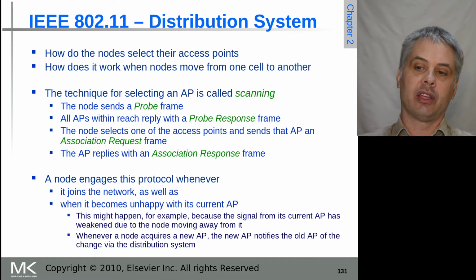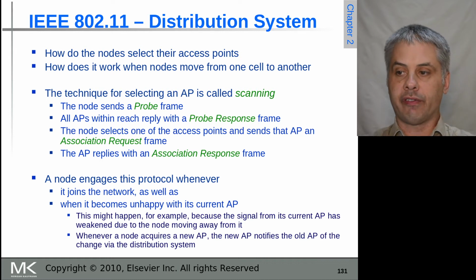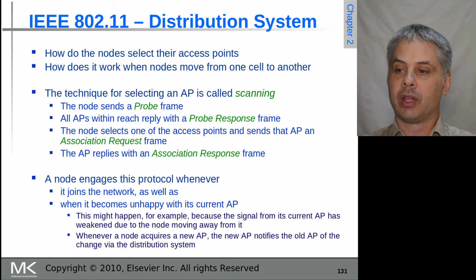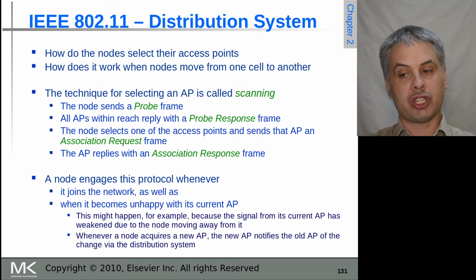And then finally, the access point will respond with an association response frame, at which point the node has joined the Wi-Fi network. So it has to do this whenever it wants to join the network, and it also has to do it if it wants to switch access points.